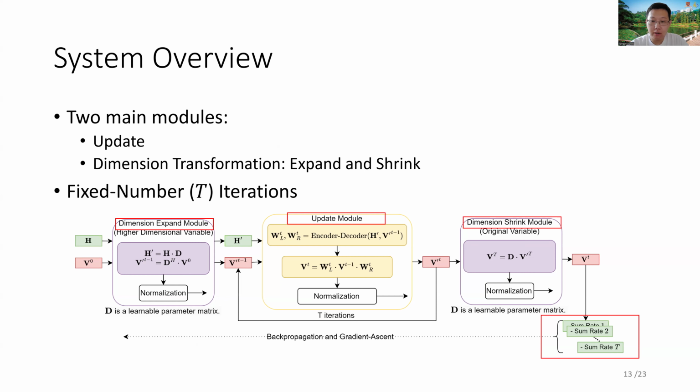We apply an encoder and decoder model framework in the model construction to generate these two parameter matrices. In the end, we apply the matrix D to get the solution of our original space, that is V. We implement a fixed number of iterations, and after that we get a solution of overall T iterations. The whole framework is trained by backpropagation and gradient descent.